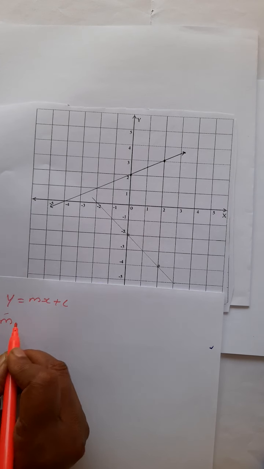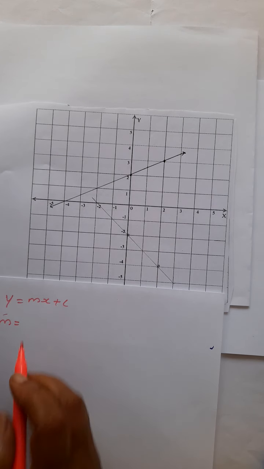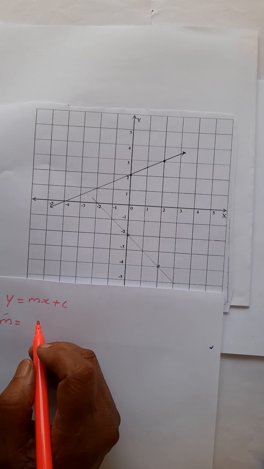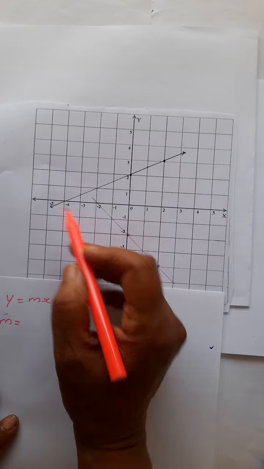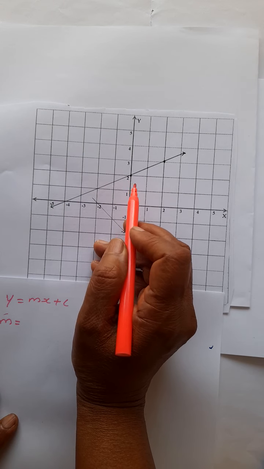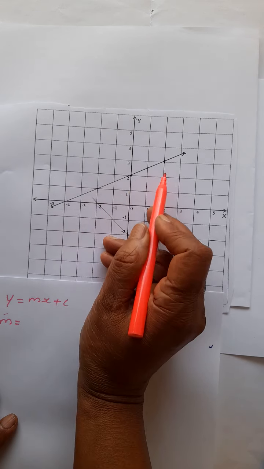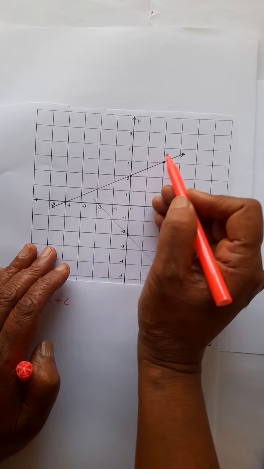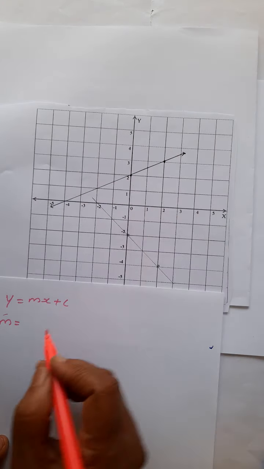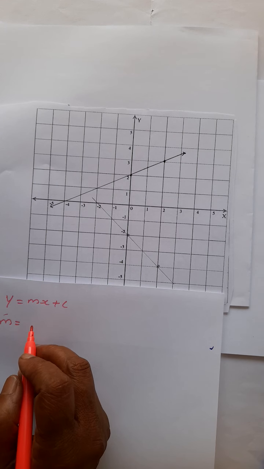So let's find the value of m. Which way are we going to use? Is it an increasing or decreasing function? It is increasing from left, the graph is going up to the right. So it is a positive gradient.